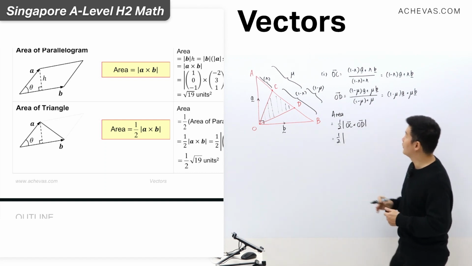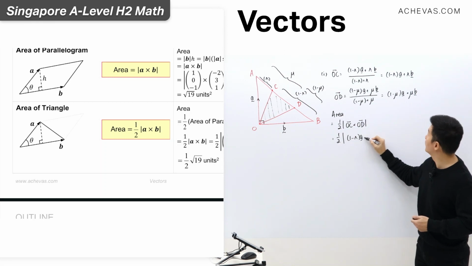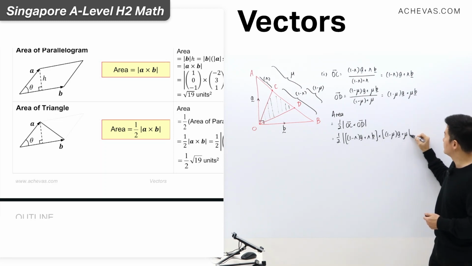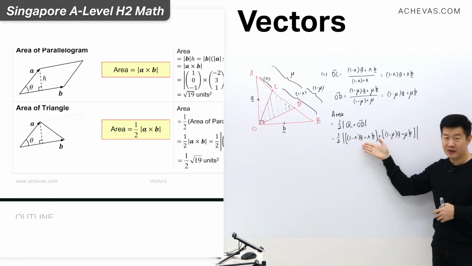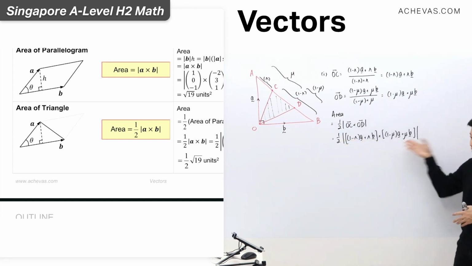OC is (1 minus lambda)A plus lambda B, cross OD, which is (1 minus mu)A plus mu B.